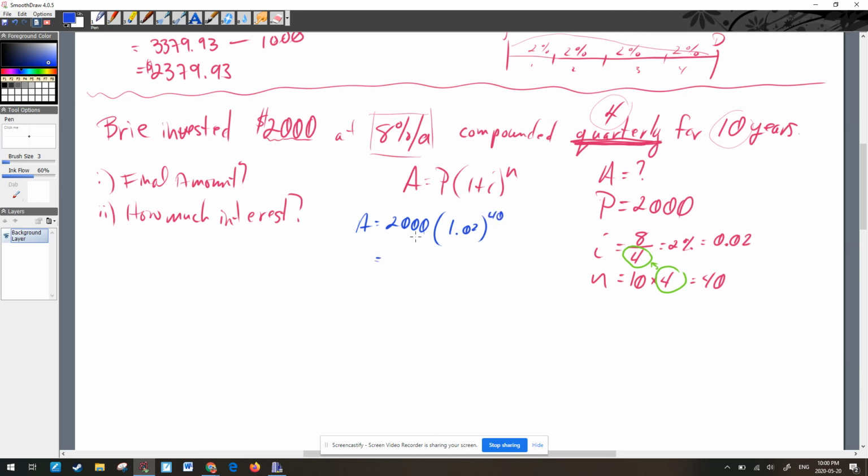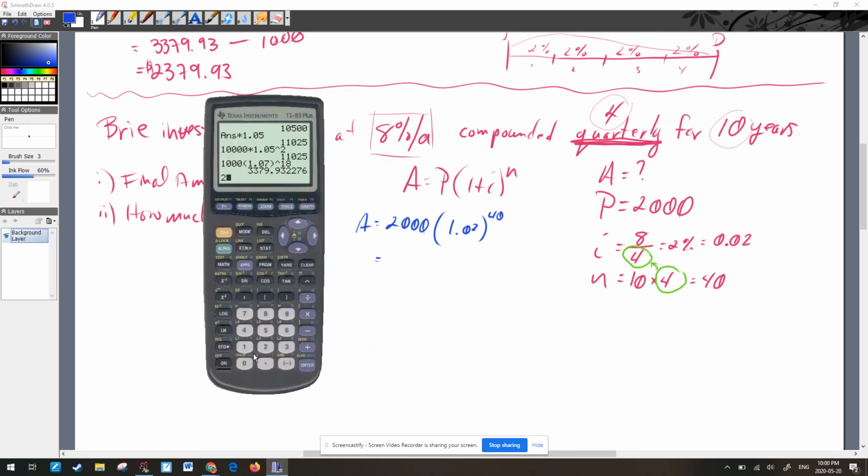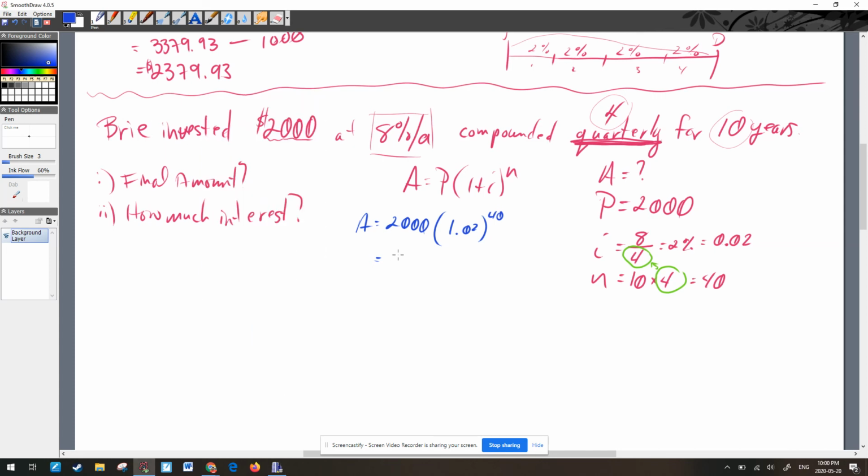Right? So what I'm going to do then, go grab my calculator. So we're going to have 2,000 bracket 1.02 to the exponent 40. And I'm going to find out $4,416.08.